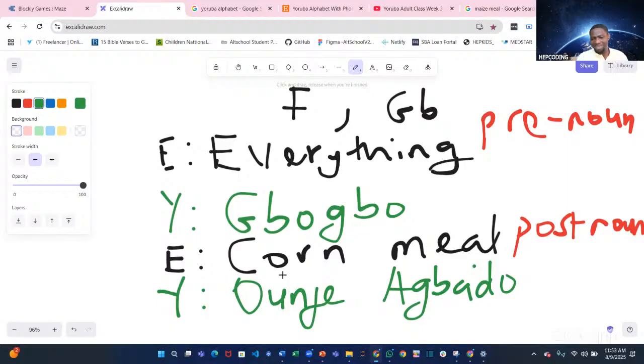You understand? It makes sense. Though not 100%, but if you apply this principle, don't forget this principle that you have learned today. When you want to qualify a noun, it's post noun for Yoruba, but for English it's always pre-noun. Oúnjẹ àgbàdo.